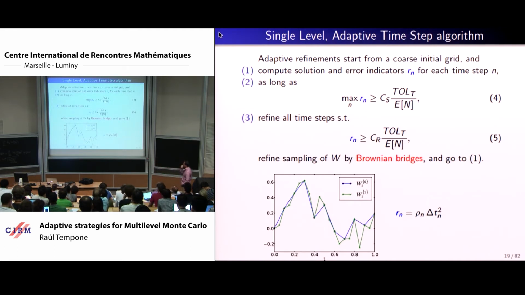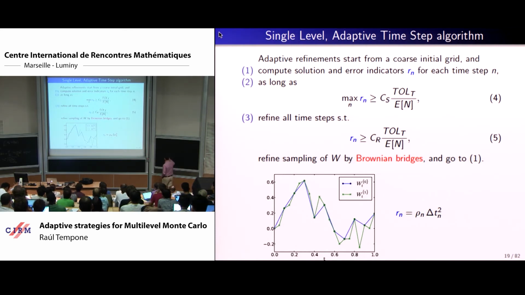So what is optimal, at least to show results on the algorithm in this context, is to refine and to stop according to these simple rules. Essentially, what you do is compute solutions and error indicators Rn for each time step.